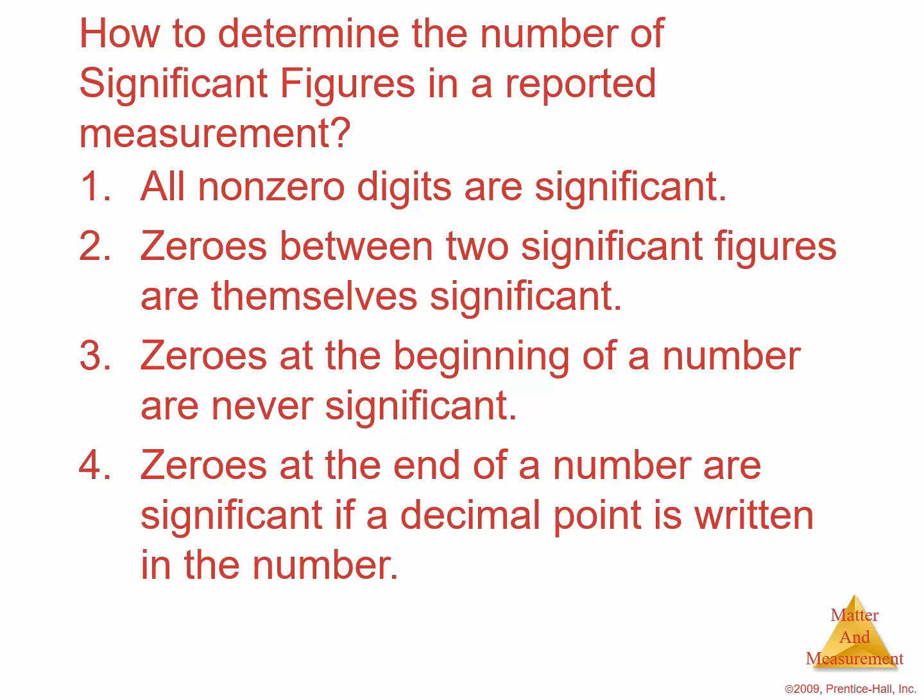So you convert your number with zeros into exponential notation, and depending on where you put the dot, you have your number of significant figures.